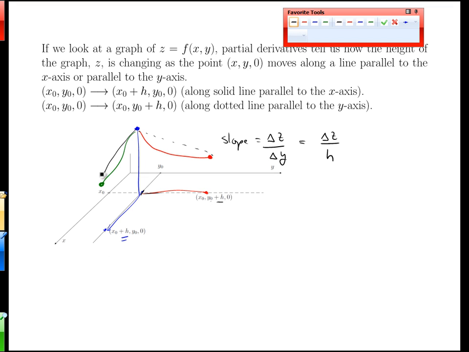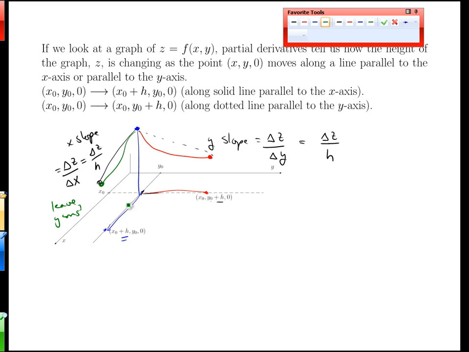And in the same vein, down in the x direction, we have the x slope. Let's call it the y slope. We have the x slope, which is going to equal the change in z over the change in x. And again, that's going to be a change in z over h if we happen to define our step to be in the x direction, leaving y constant here.